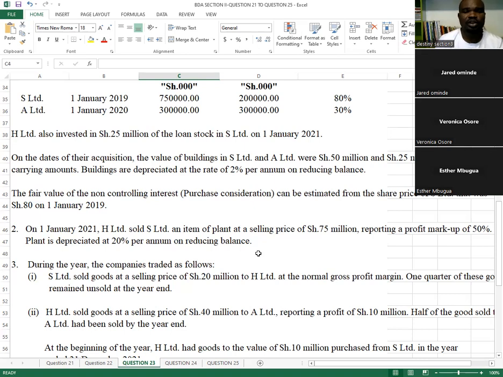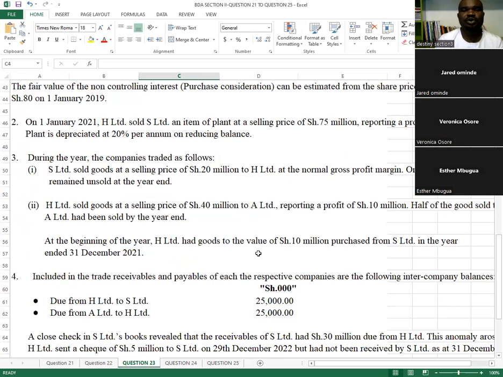During the year, the companies traded as follows. S sold goods at a selling price of 20 million to H at a normal gross profit margin. One quarter of these goods remained unsold at the end of the year. H Limited sold goods at a selling price of 40 million to A Limited, reporting a profit of shillings 10 million.